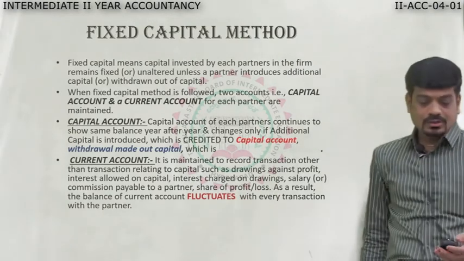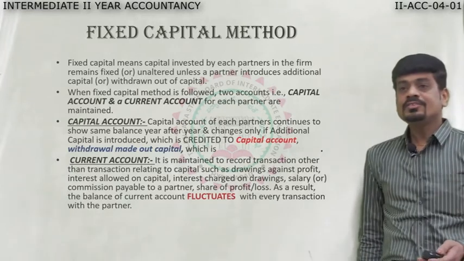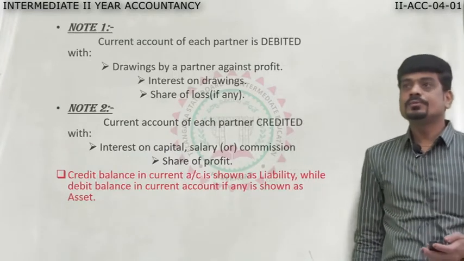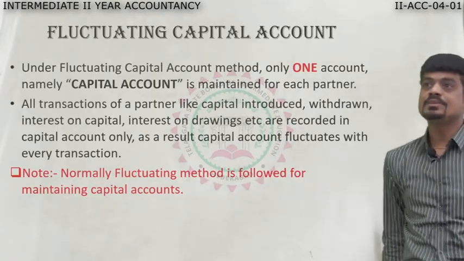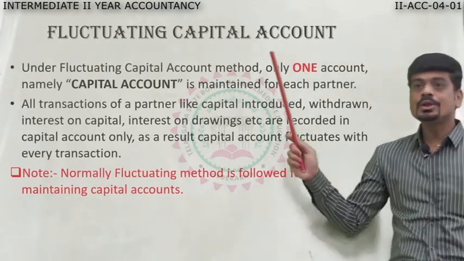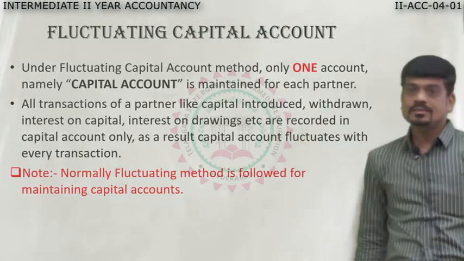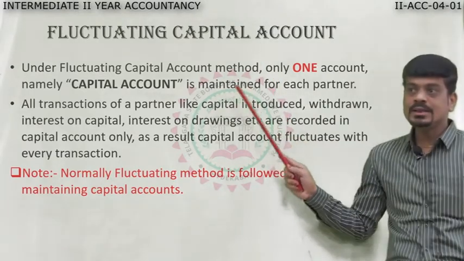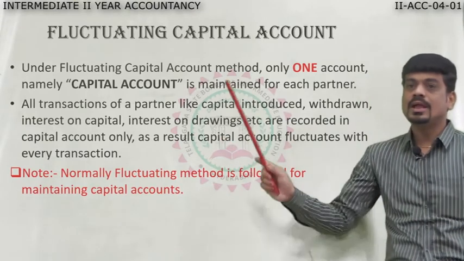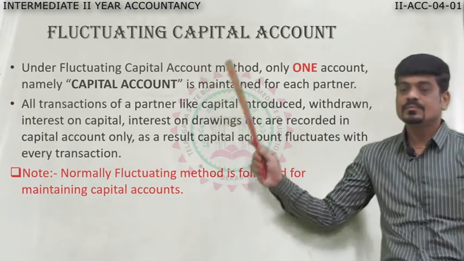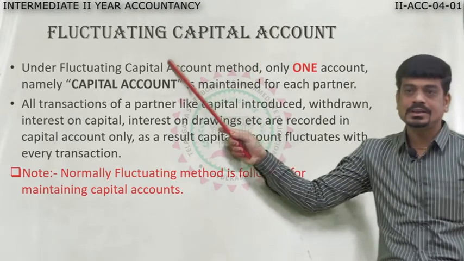Then comes the next method, which is called the fluctuating capital method. Now what are we going to do in the fluctuating capital method? Under this method, we are going to prepare only one account, and that is capital. The name itself says fluctuating.